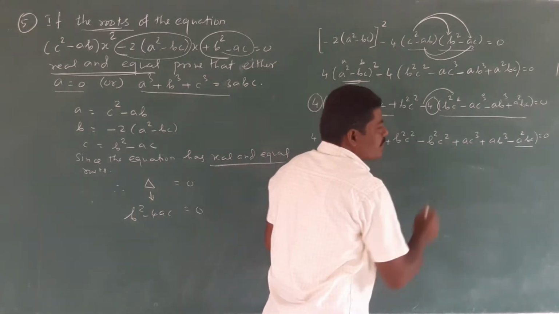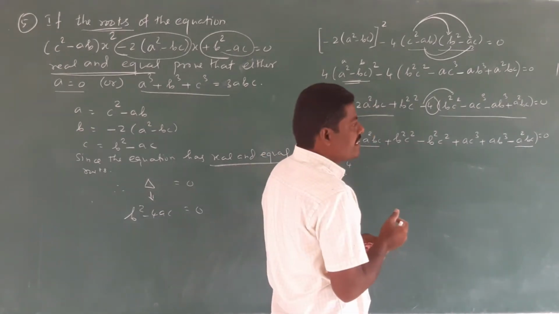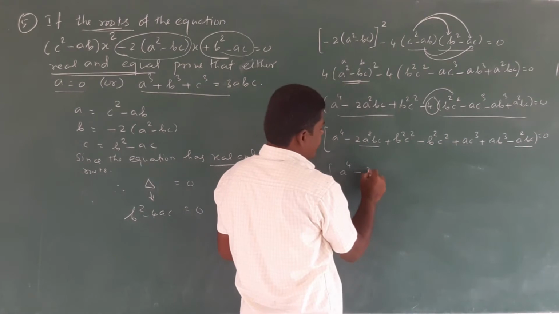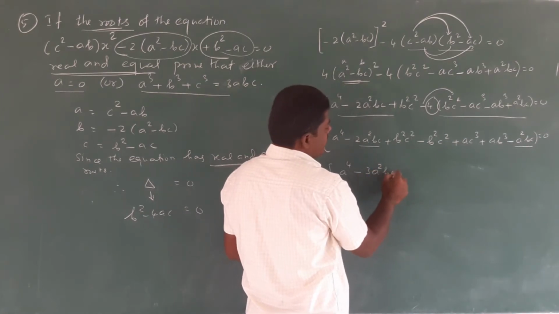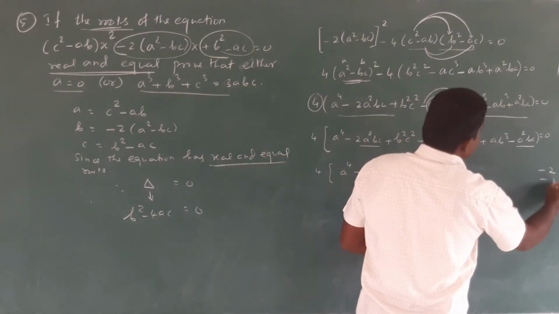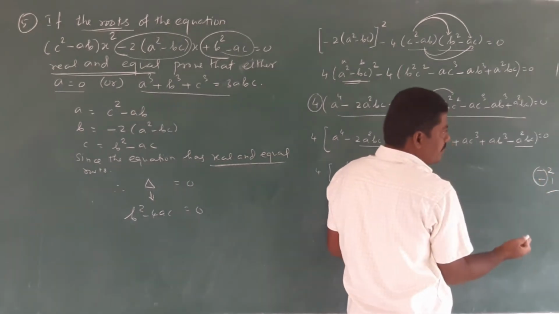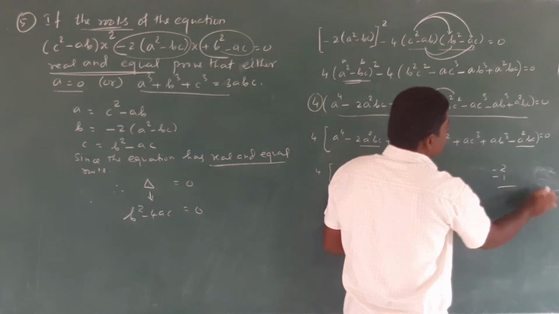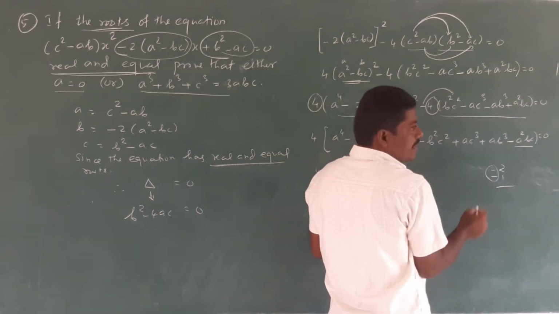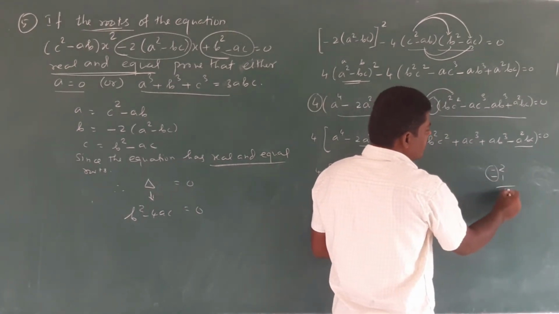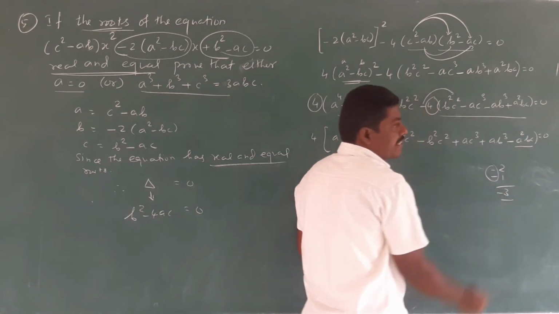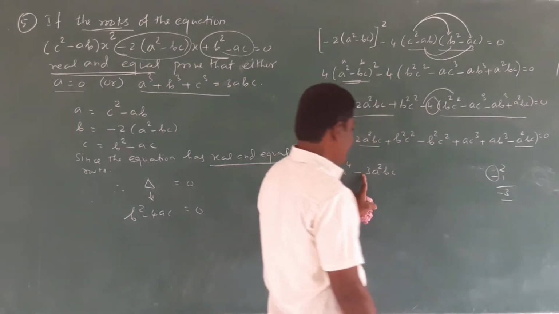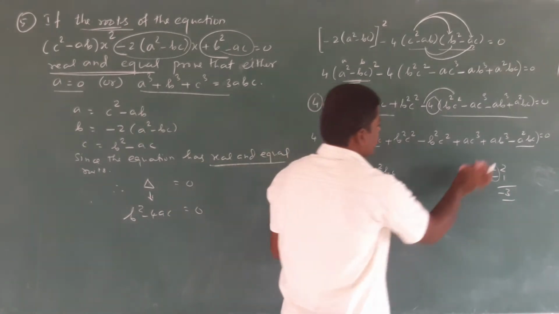Minus 2, minus 1, minus 3. Same means you add both the values, so 2 plus 1 is 3, and we write the same sign in our result. So minus 3 A square BC.